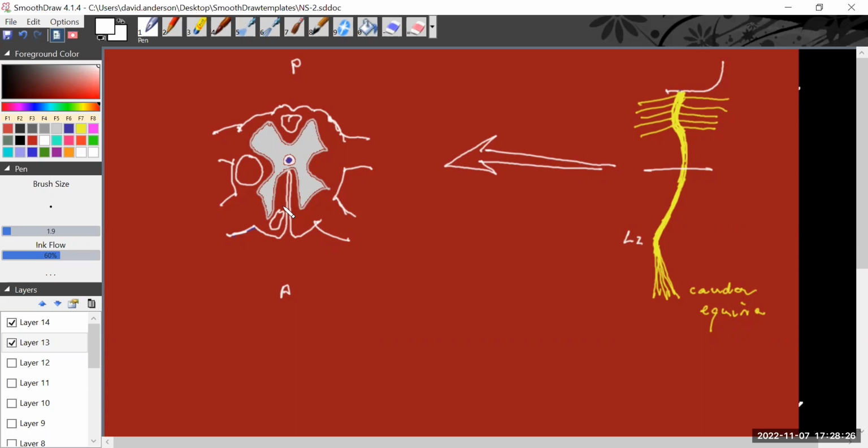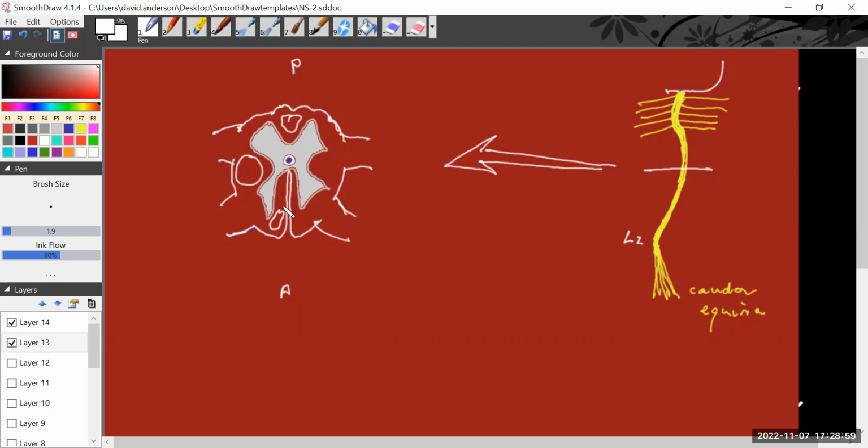If I name a track, you're going to be able to figure out whether it's carrying sensory information or motor information. For example, there's a tract out there that's called the spinothalamic tract. If it's called the spinothalamic tract, does it sound like it's ascending or descending? It should be ascending. Correct.